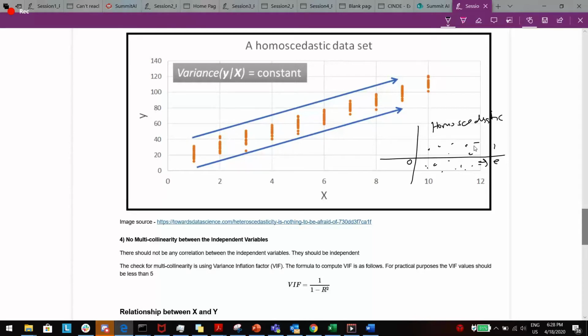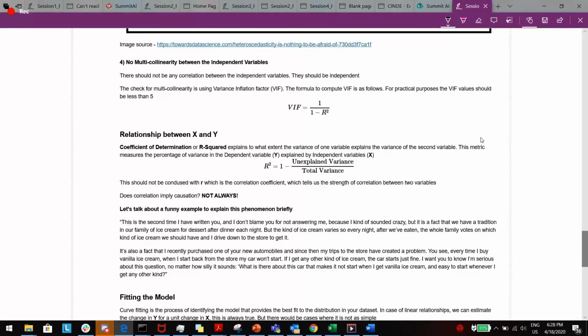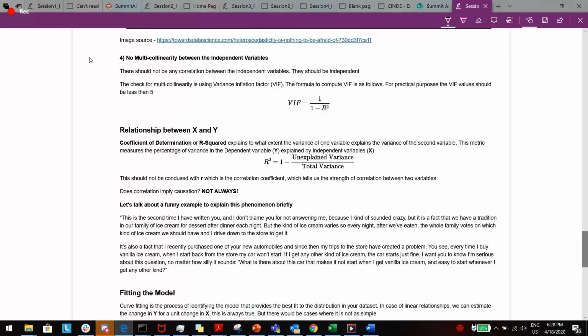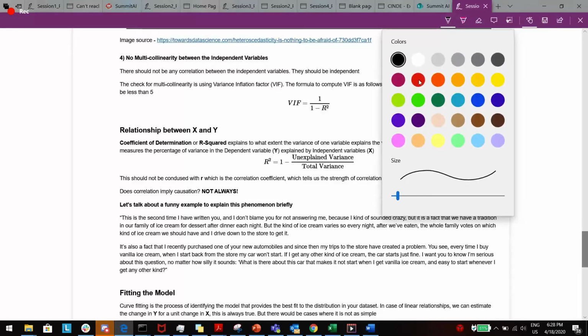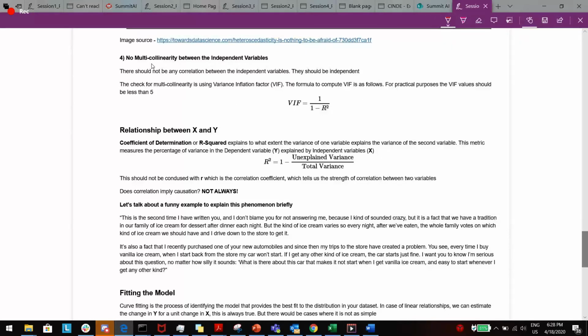So can we move on to the next one? Yeah. One more important assumption is that there should not be any multicollinearity between the independent variables. I'll tell you what is meant by multicollinearity.